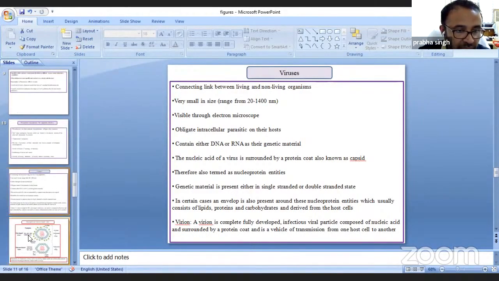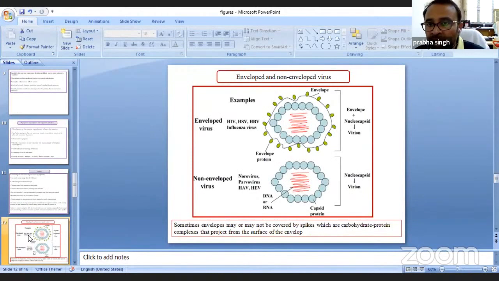तो ये है enveloped और non-enveloped virus. तो मैंने आपको कहा कि enveloped viruses में we have an outer membrane and that outer membrane is derived from the host, but the components present in this particular outer membrane are decided by the viral genome. So constituent of the envelope में viral genome का भी contribution है.